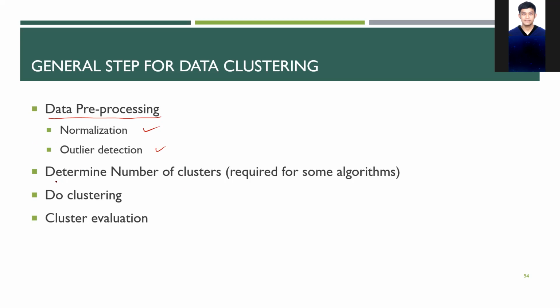We also have to determine the number of clusters. Of course, this is only for some algorithms. For example, if we want to use k-means, then we have to determine the number of clusters. The easiest way is the elbow method, for k-means for example. After that, we can do the clustering.